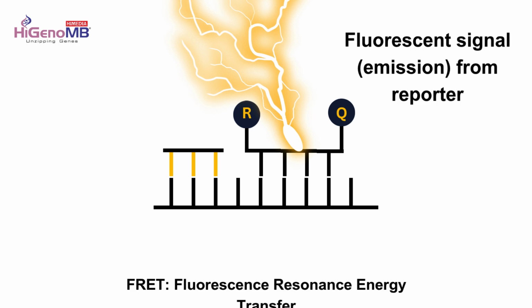Once it linearizes, the distance between the reporter and quencher increases, and when the electric current excites the reporter and the fluorescence is emitted by the reporter, the quencher is not in very close proximity to the reporter, and hence the fluorescence is free to be emitted. And this technology is called fluorescence resonance energy transfer.